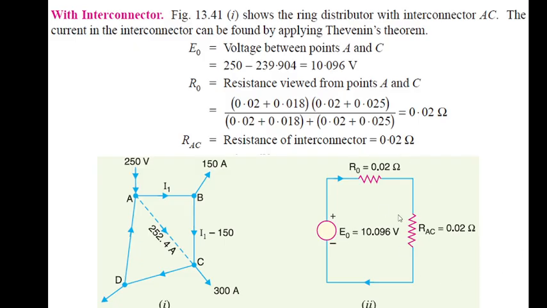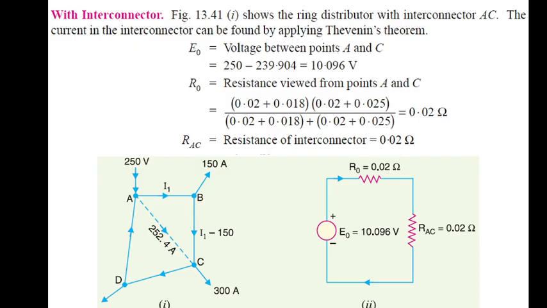This equivalent circuit consists of a voltage source E0 in series with resistance R0, connected to the interconnector resistance RAC from here to here. The current through the interconnector can then be easily calculated using this simplified model.